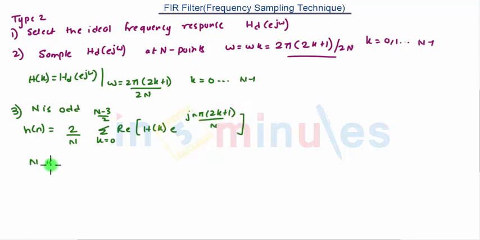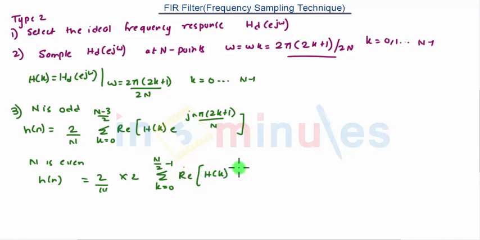When N is even, then impulse response h(n) is given by 2/N summation k equal to 0 to (N/2 minus 1) real part of H(k) e^(jnπ(2k+1)/N). Here h((N minus 1)/2) is equal to 0.